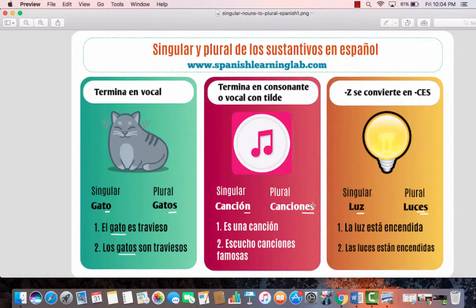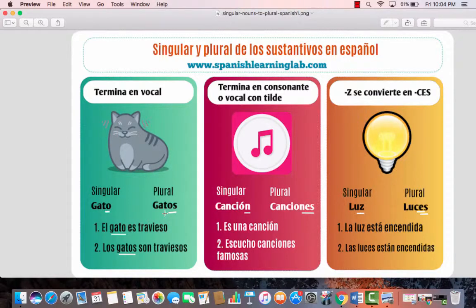Before I talk about the plural articles, I'm going to explain to you how to make a noun from singular into plural. The first thing you need to do when you're working with a noun is to look at the ending. If the ending of a noun is a vowel, simply add an S. For example, in here, the noun gato ends in a vowel, so just add an S to make it plural.